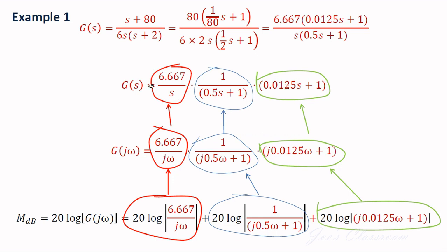So what I can do is take these three terms separately, plot their magnitude plots in decibels, and add them together. If I'm interested in the asymptotic Bode plot, draw the asymptotic Bode magnitude plot for this, for this, and for this. Then add all three magnitude plots, and you get the answer. So that's what we are going to do.